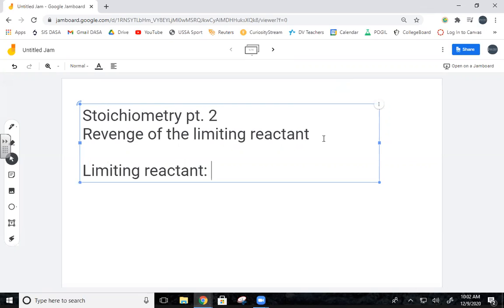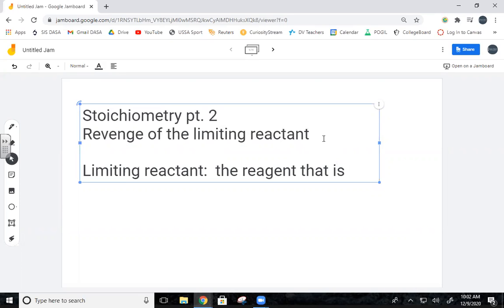So just based on the words there, you can probably guess what this is. A limiting reactant is the reagent. Reagent and reactant are synonyms.